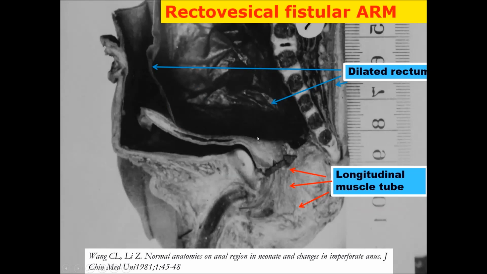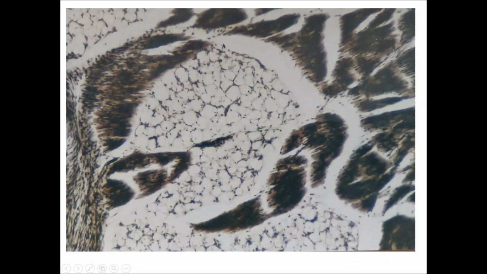This slide shows the rectal vesical fistula. You see the dilated rectal pouch, and this is the longitudinal muscle tube closed and displaced anteriorly to the posterior urethra. In the magnified view, in the external anal sphincter, a lot of fat tissue exists.